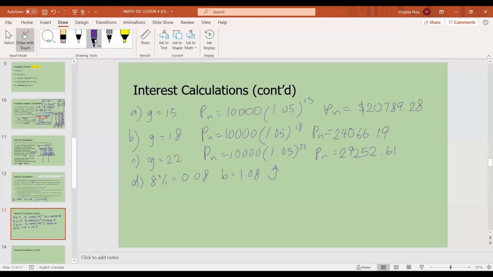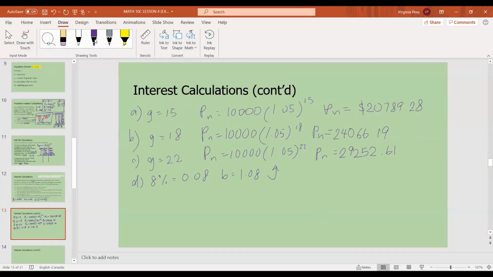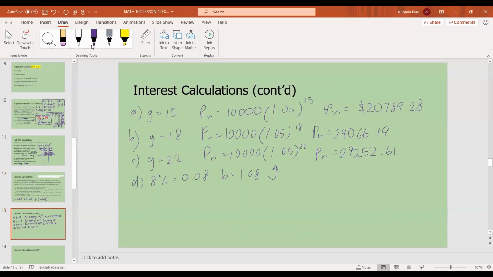All right, last question. E, if your grandparents wanted you to have 75,000 at age 18 and they could invest 12% per year, how much would they have invested on the day you were born? All right, so this is kind of changing things up a bit. We are now given the Pn value, which is 75,000.